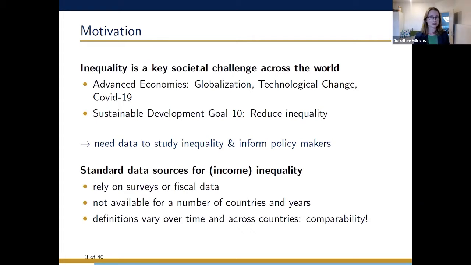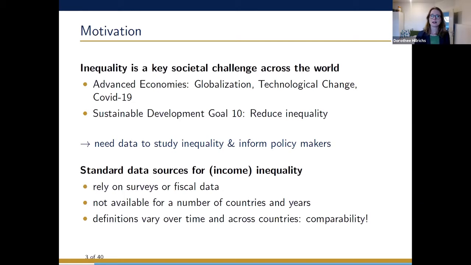Commonly, income inequality data comes from survey data or from fiscal data. And the problem is that, especially in developing countries where you maybe have a large informal economy, fiscal data is not covering the whole economy. And survey data is quite costly, first of all, to collect.